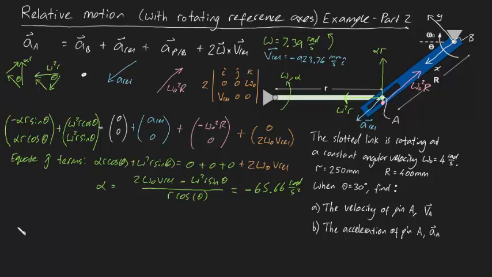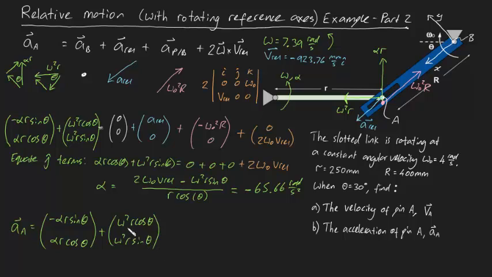So let's do that. The acceleration of A is going to be equal to the sum of both of these vectors, which is going to be minus alpha r sine theta, alpha r cosine theta, plus omega squared r cosine theta, omega squared r sine theta.